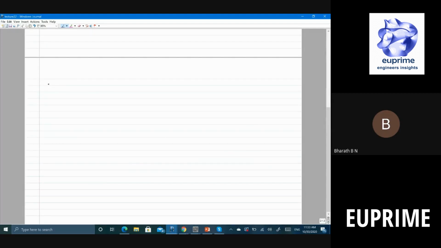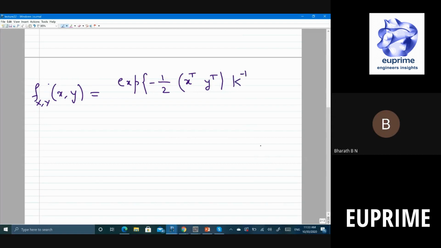So what will be the joint density of x, y? It would be exponential of minus half times [x transpose y transpose], times the covariance K inverse, times [x transpose y transpose] whole transpose.